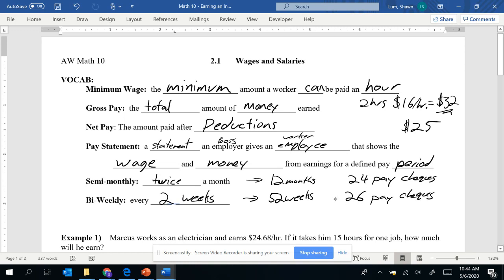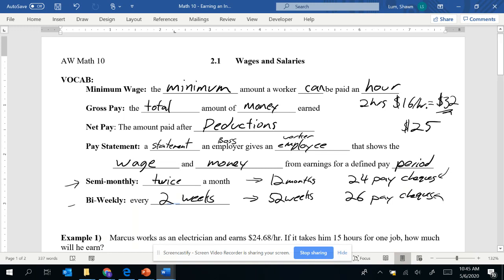So if you're getting paid semi-monthly, you get paid less often. And if you get paid bi-weekly, you get paid more often. Now, it doesn't mean you get paid more if you're paid bi-weekly. What it means is that this person who gets paid semi-monthly, their paychecks will be bigger.